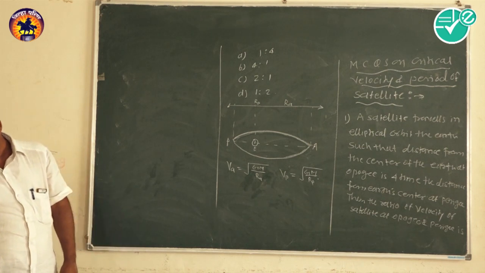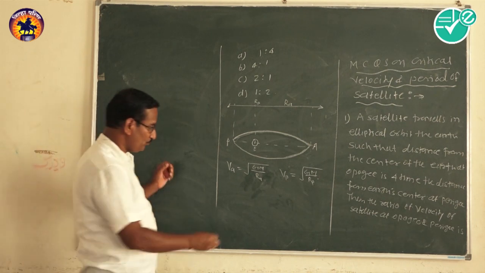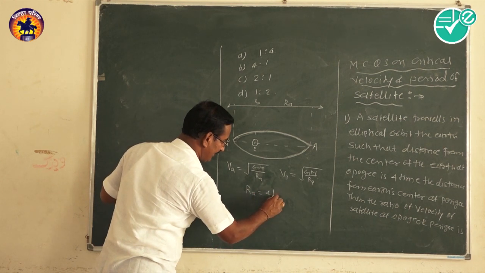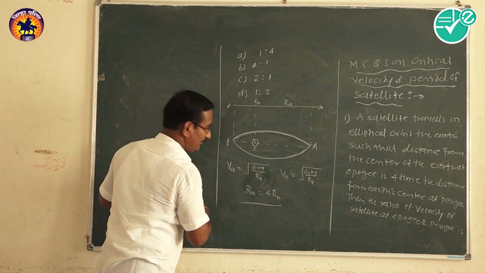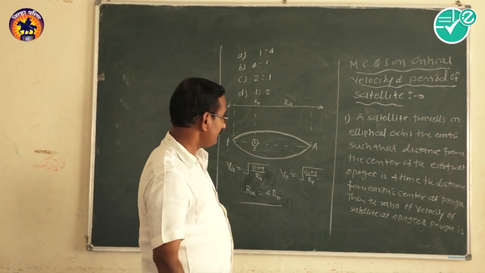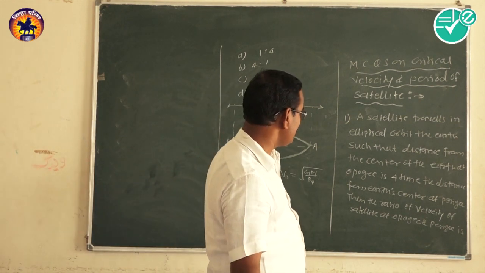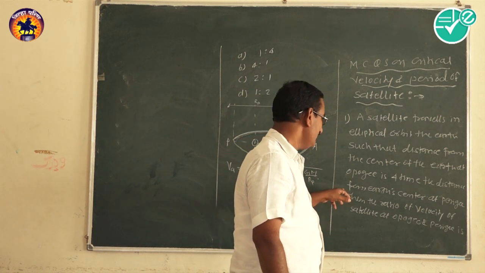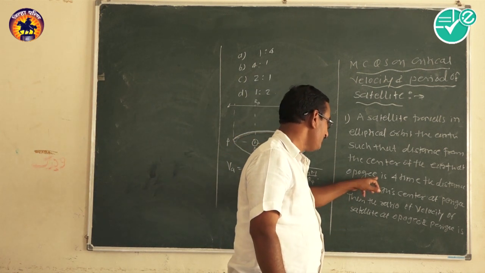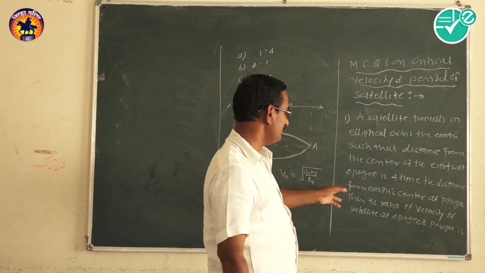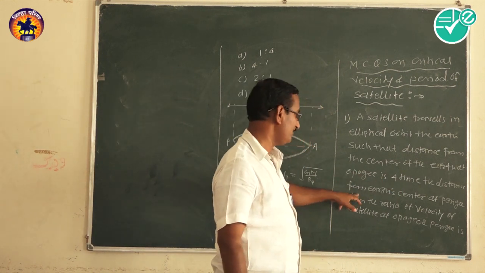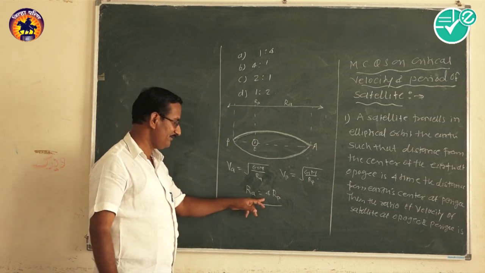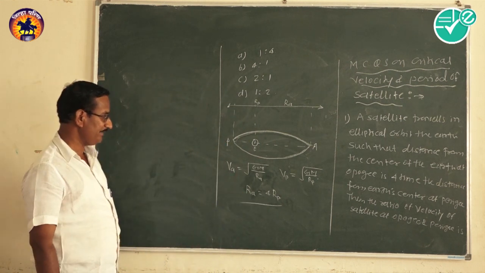Then we know that RA is equal to 4 times RP. We know that the distance of the satellite from the Earth at the apogee is 4 times the distance at the perigee. So RA is equal to 4RP.